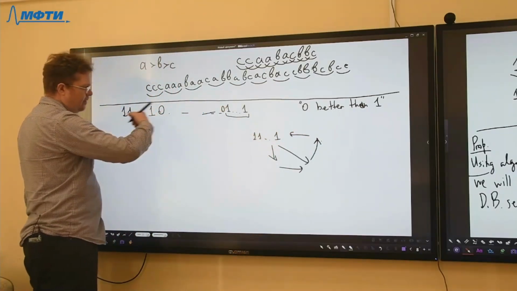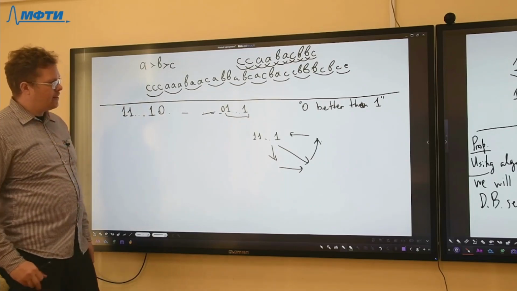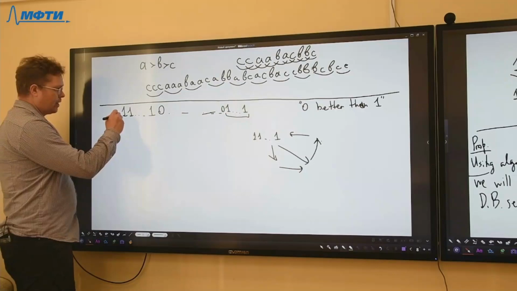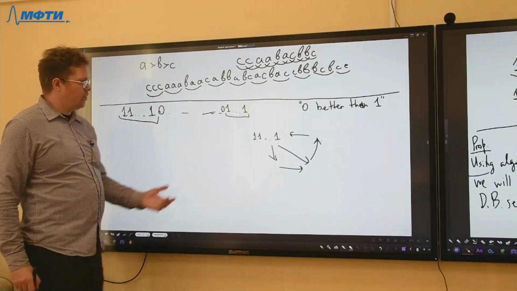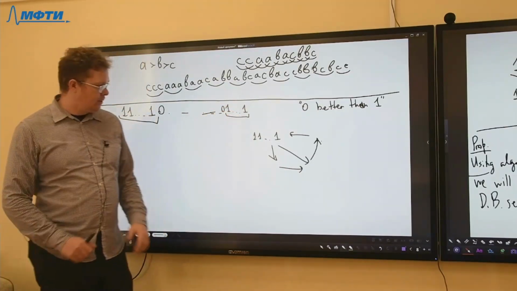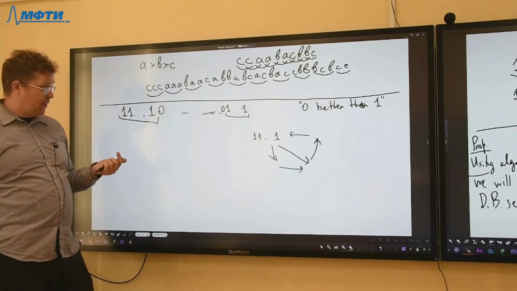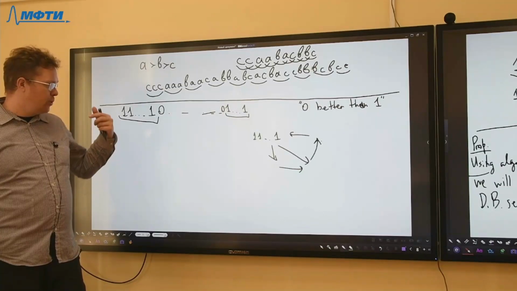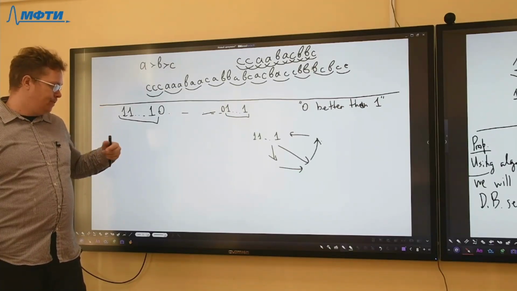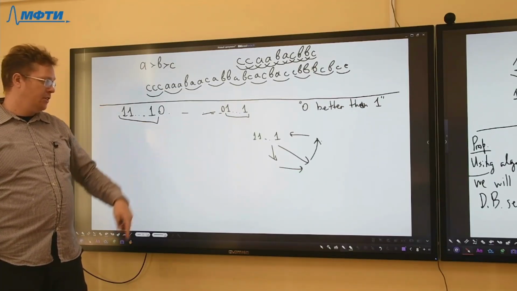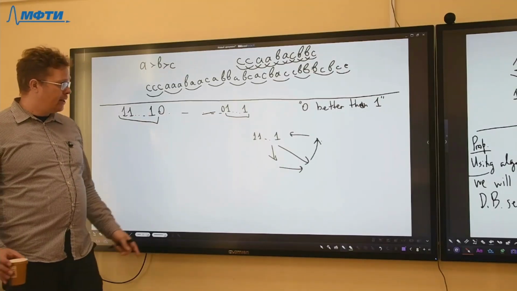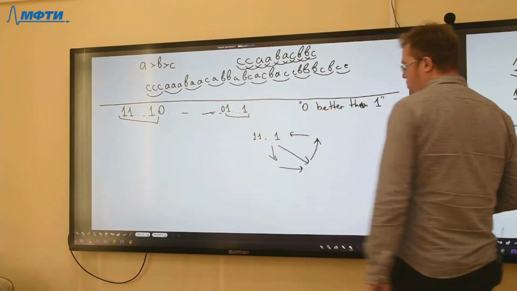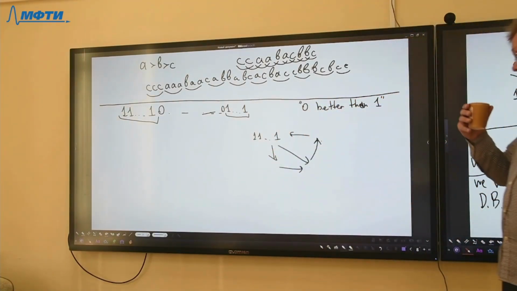So we started from all 1s, then we finished again in the sequence of all 1s. It is the easy part. And the hardest part is to show that we actually meet all the edges in this path. So we exactly go through all of the edges before we came to all 1s here.